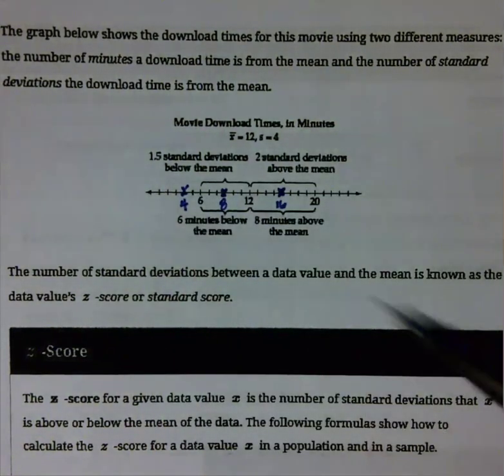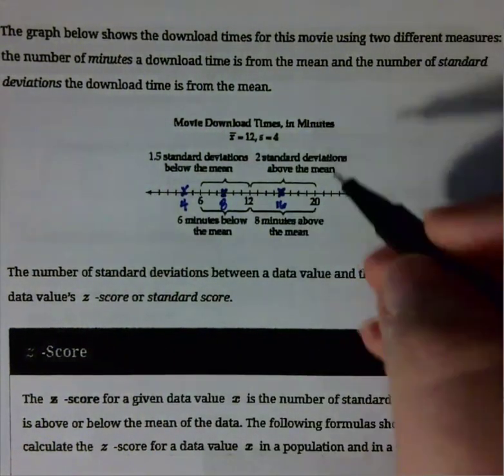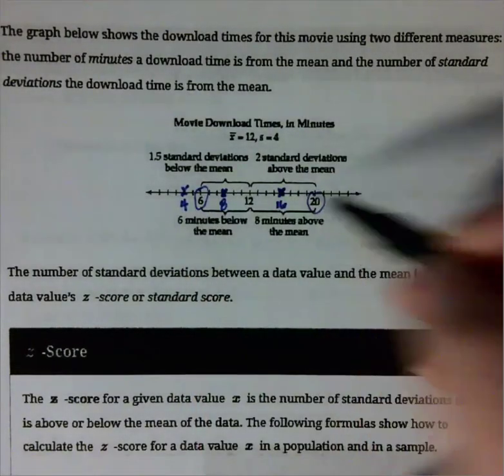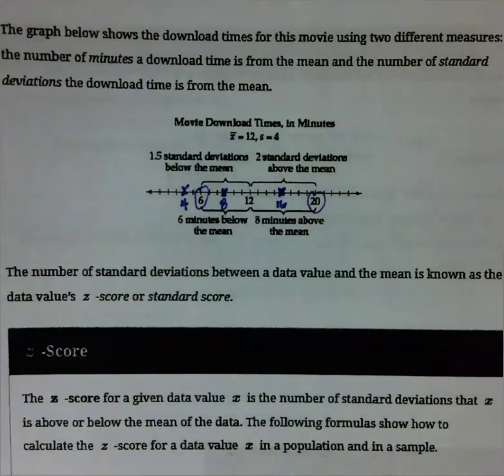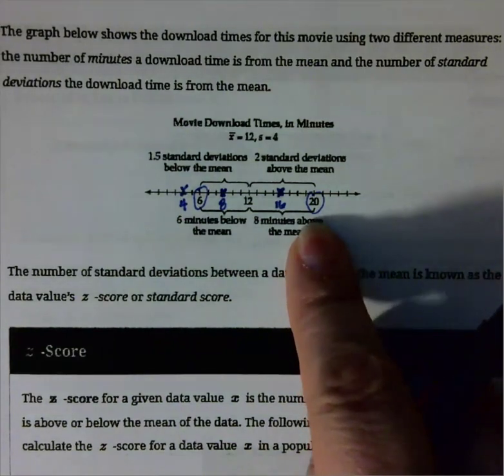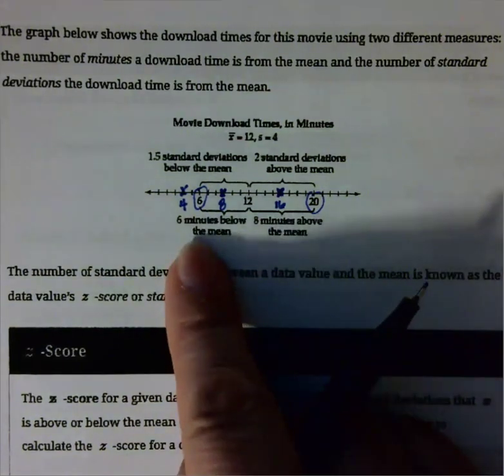So we're looking at where the values 6 and 20 are in respect to the mean. How many standard deviations away? So the number 20 is 2 standard deviations above the mean, and the number 6 is 1.5 standard deviations below the mean.